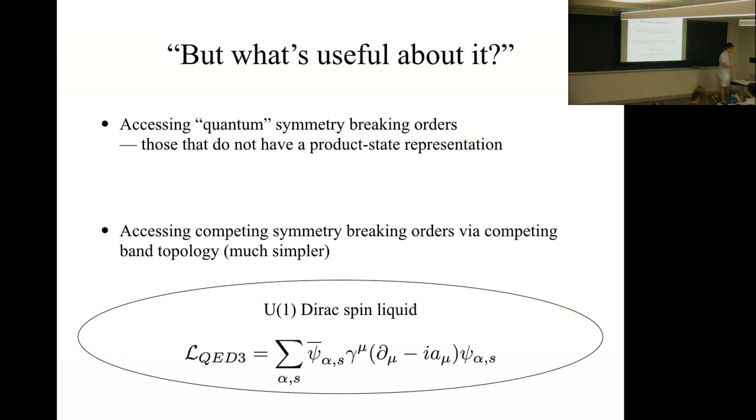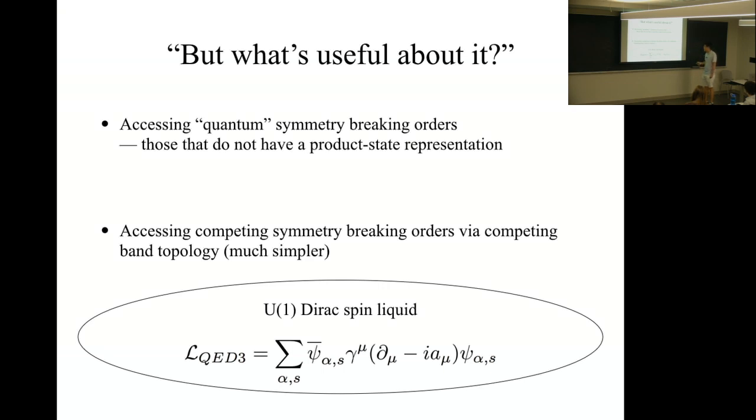There's no topological order. There's no funny CFT behind. But if you really want to write down the wave function on some Hilbert space, it turns out to be a bit tricky. You can't have a product state representation of the wave function. It turns out some of those weird or quantum symmetry breaking orders are quite easily accessible in this parton language. They just have to choose the right fermion band topology. Okay, that's a bit pedantic.